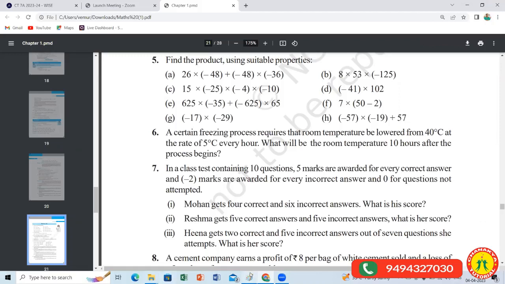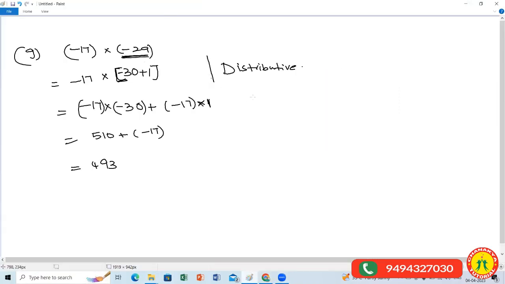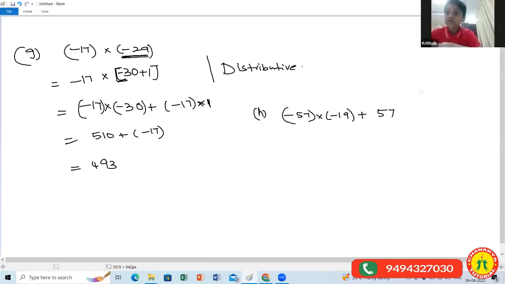Let me go with the board: negative 57 into negative 19. Plus 57. Only this part is given. Ma'am should bring the minus sign to 57 from 19.